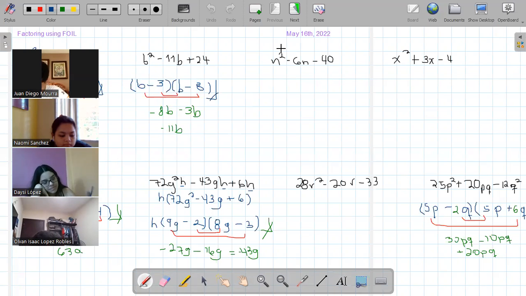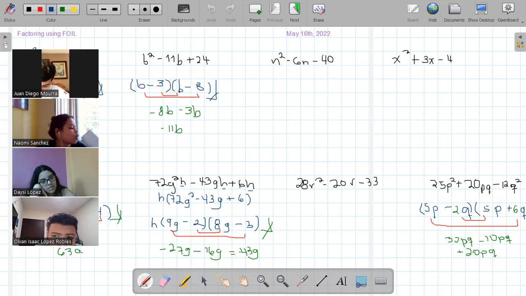Is there any coefficient that can be divided by 2 in n squared? No, right? So 2 is not a GCF. In other words, there's actually no GCF for this exercise. You need to be really careful about that.